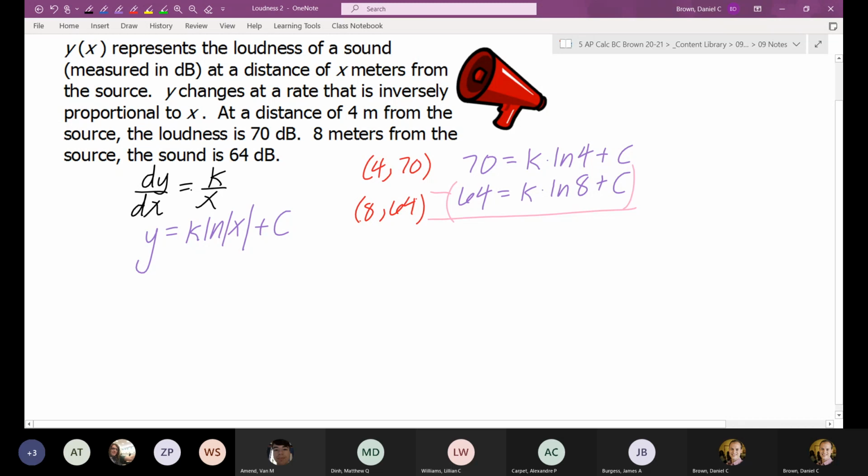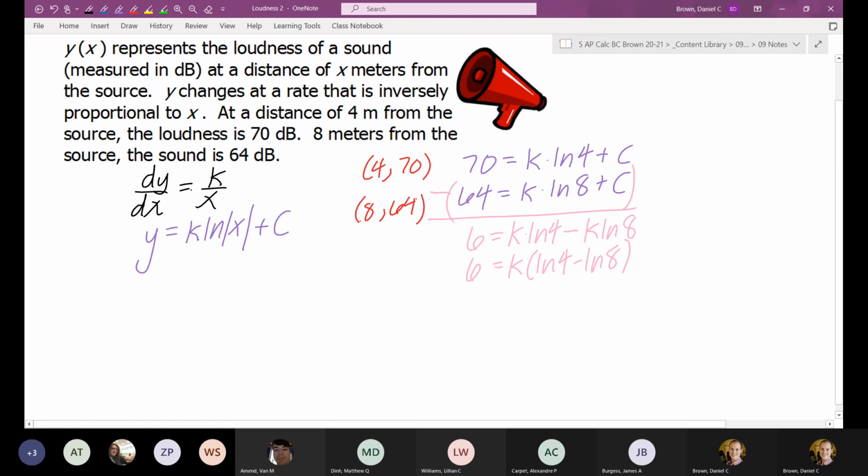70 minus 64 gives me 6. And so then I have k times the natural log of 4 minus k times the natural log of 8. Those c's were eliminated. Now we just have one equation, one variable, so we do want to solve for k. So 6 is equal to, I'll factor out that k, and then solve for it.